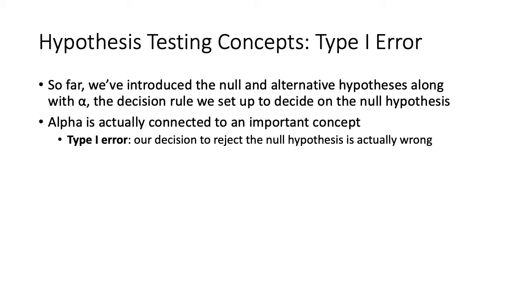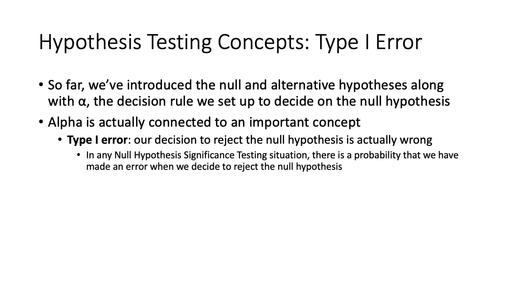Alpha is connected to one type of error that we can make that we call a type 1 error. It's not a very creative name. A type 1 error is when we make a decision to reject the null hypothesis, and that's wrong. Our data suggests we should reject the null hypothesis, but that would be an error; this is a fluke, a false positive.